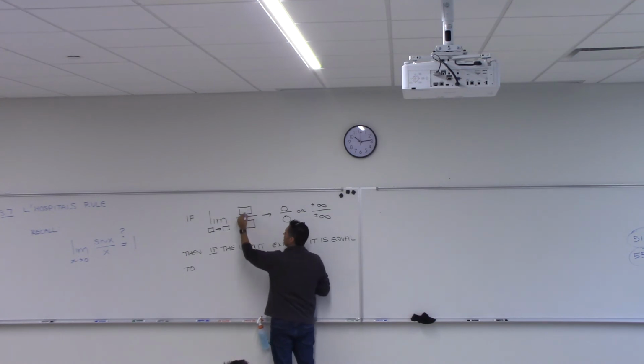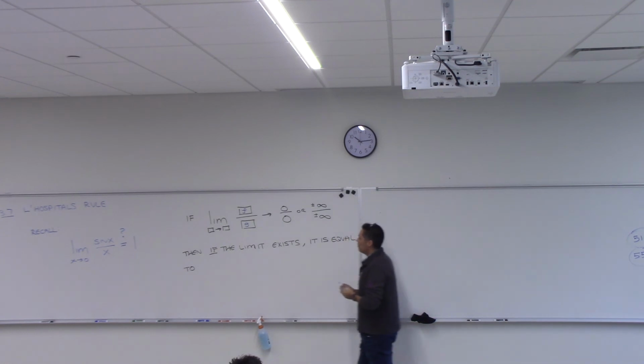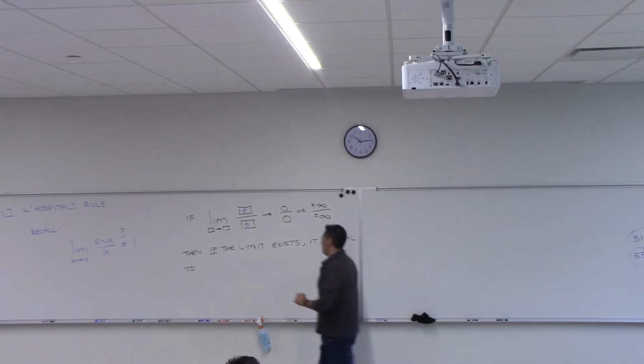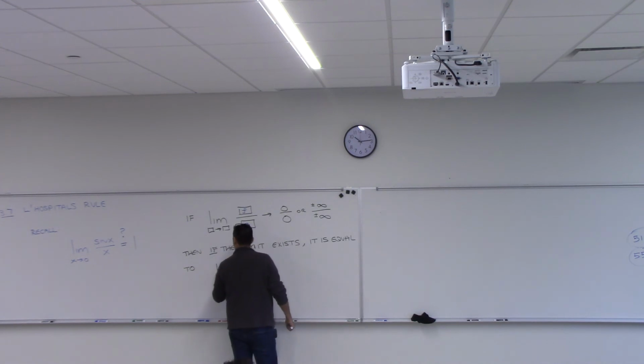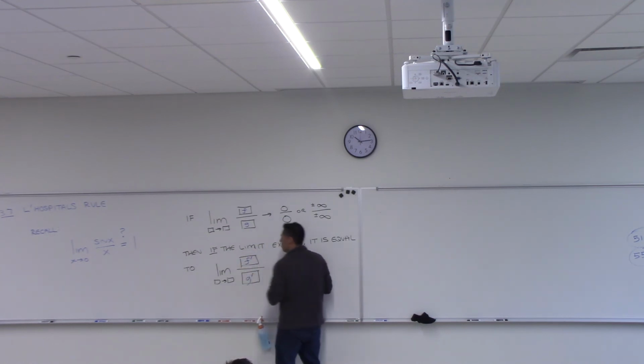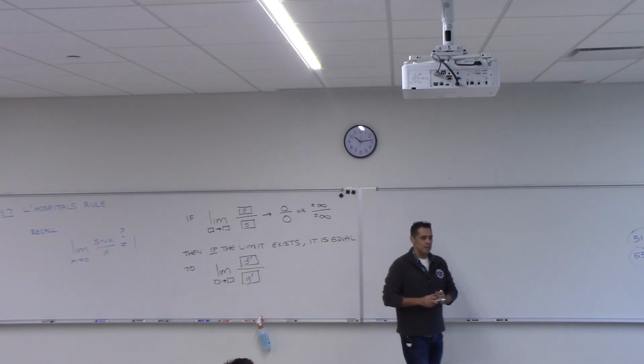Let's say that this is some function f and some function g here. So if we take a limit and get 0 over 0 or infinity over infinity, then if the limit exists, it is equal to the same limit, but instead of having f over g like we did before, you can take the derivative of the top and the derivative of the bottom and then take your limit.